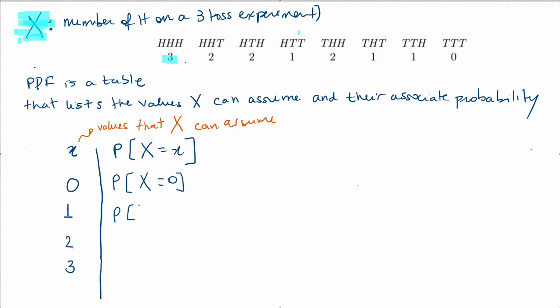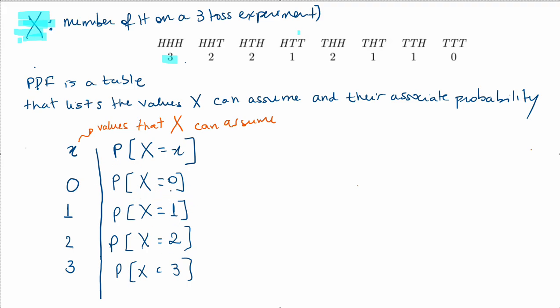In the next row, the value that will appear will be the probability of x being equal to 1. Here will be the probability of x being equal to 2. And here will be the probability of x being equal to 3. Okay? So it's a table where you can retrieve things, right?